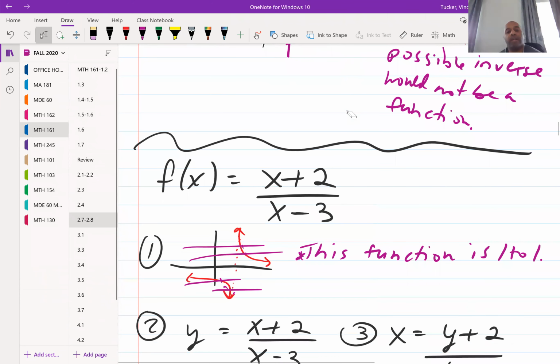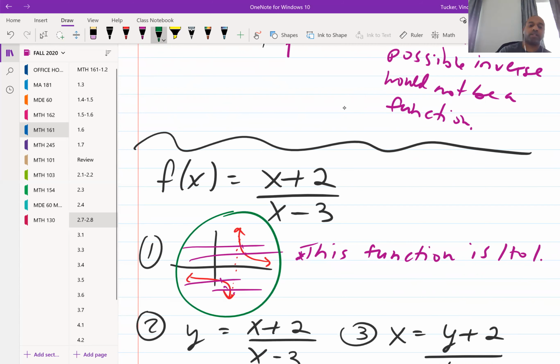All right, so here we have f of x is equal to x plus 2 over x minus 3. If you were to go to your graphing tool and check that one out, you would see that it would pass the horizontal line test. So that means it is a function. All right.